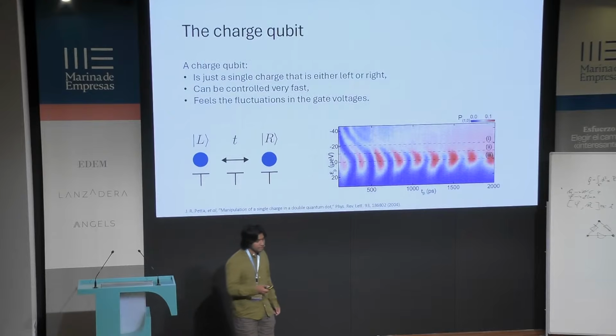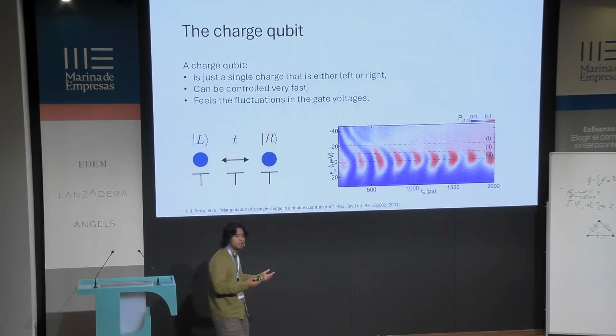You lose all coherence. But if you are in the middle, you can achieve some coherence by being in the sweet spot of this charge qubit. However, if you look at the x-axis of this plot, the scale is very small. This is 2 nanoseconds, and having a coherence time in that order is not really useful.